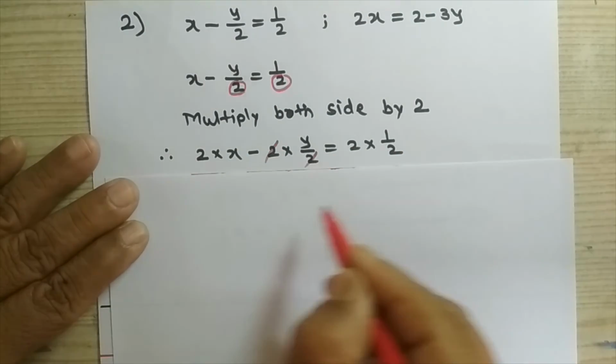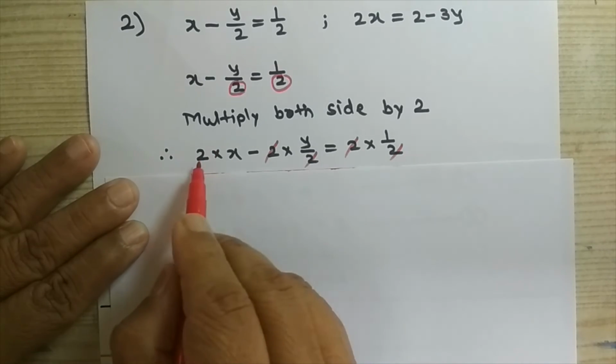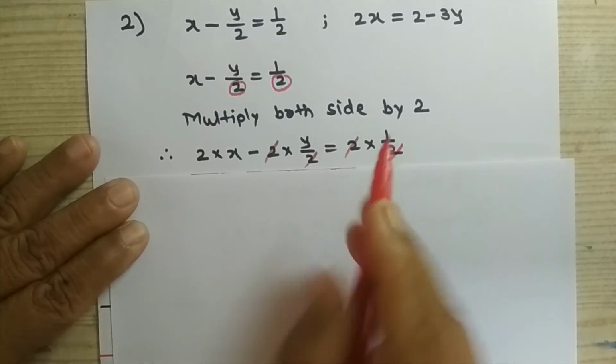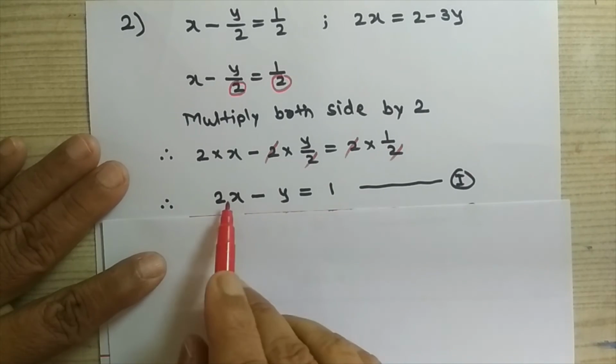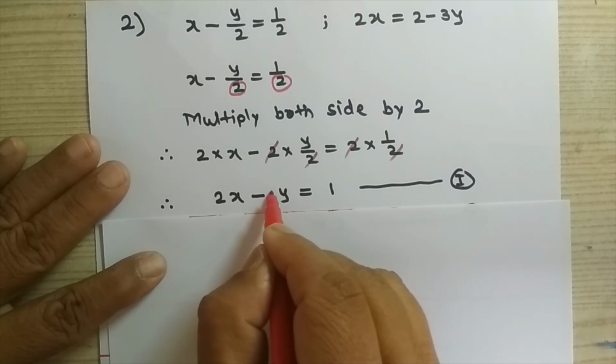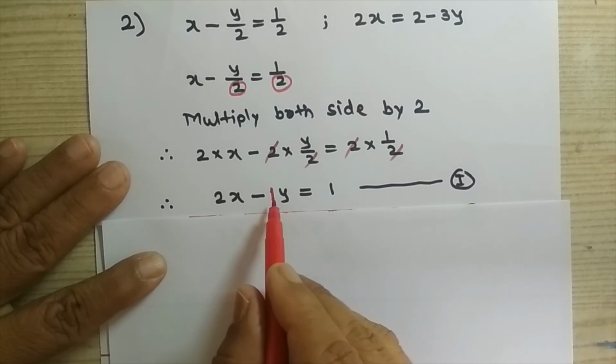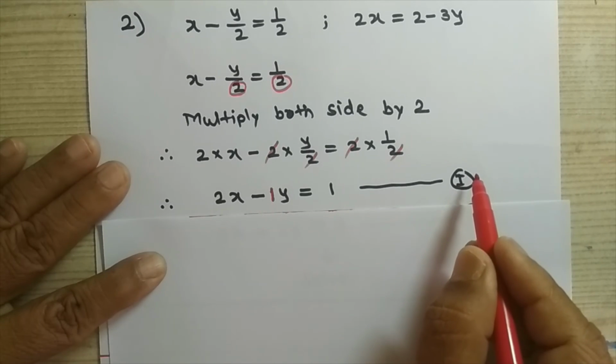Here the 2s get cancelled. Here also they cancel. 2 into x means 2x minus y is equal to 1 is the equation. 2x minus y, its coefficient of y is 1. Remember this: when a coefficient is not written, we take 1 there. This is equation number 1.